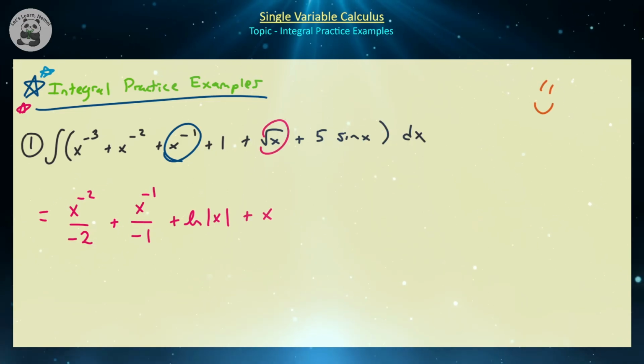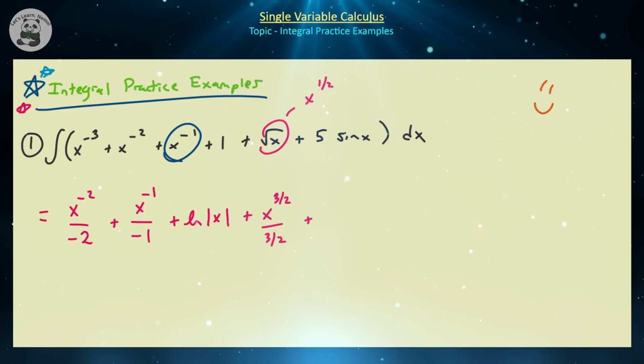And then here, that's the same as x to the 1 half. So add 1 to that exponent, which is going to be 3 halves, divided by 3 halves, and then the antiderivative of sine is going to be minus cosine.